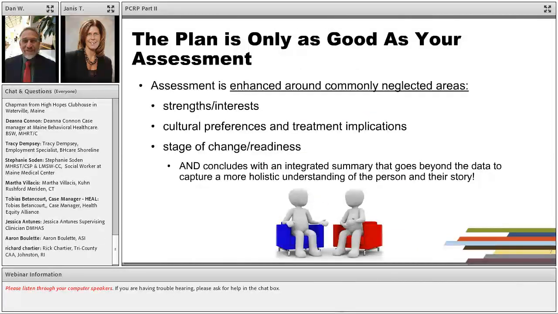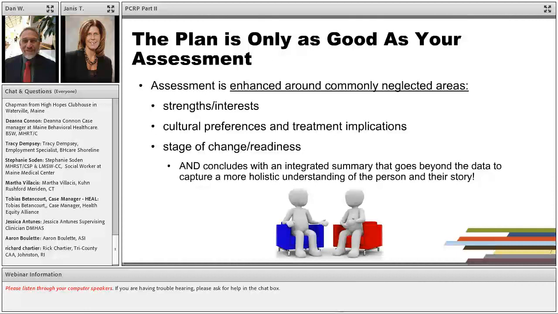So I want to start just by saying, yes, we're going to focus primarily on the goals and the objectives and the interventions, but your plan is really only as good as the assessment that it's based on. And the assessment, frankly, is only as good as the relationship that it's based on. But as far as assessment goes, while we can't get into detail, I do want to point out that I think it's enhanced in a couple of really key ways.